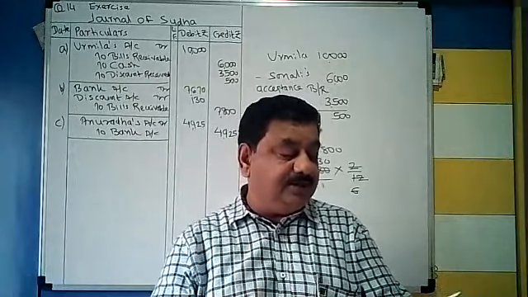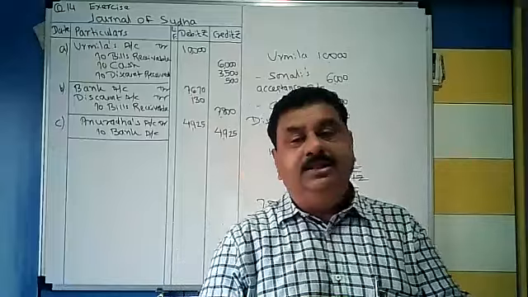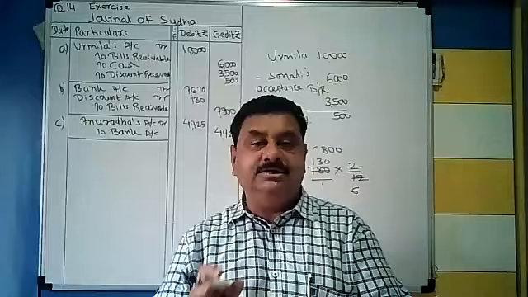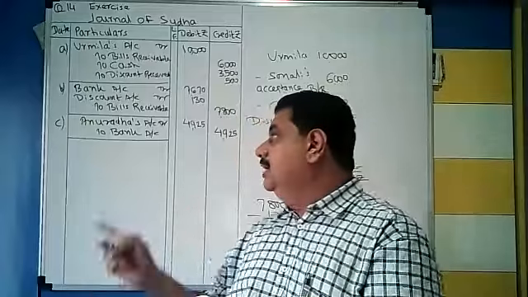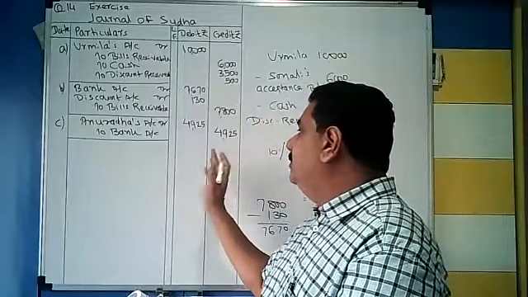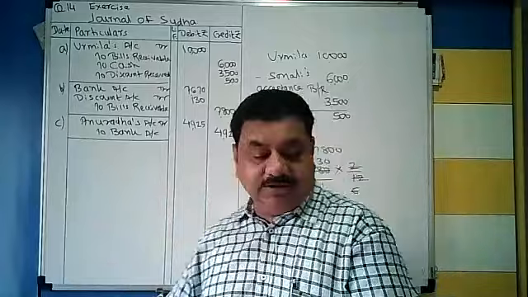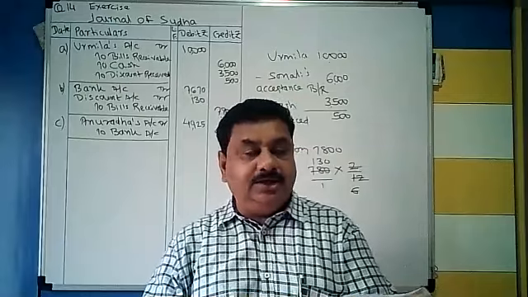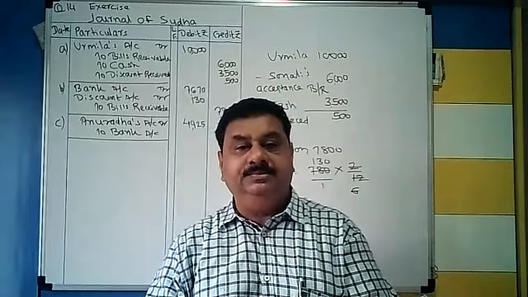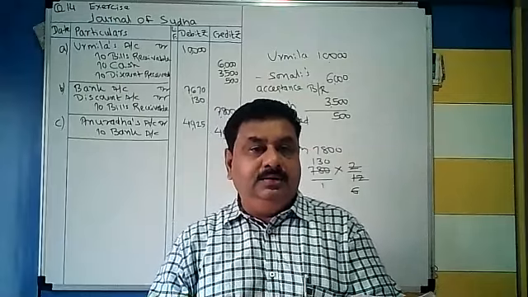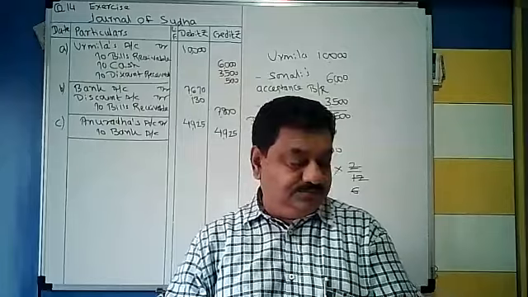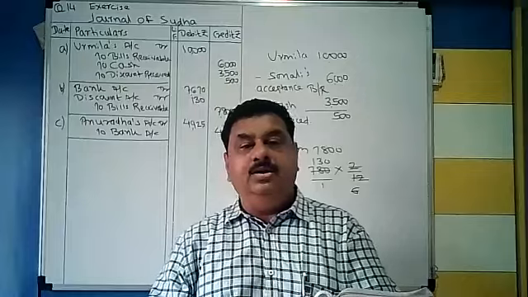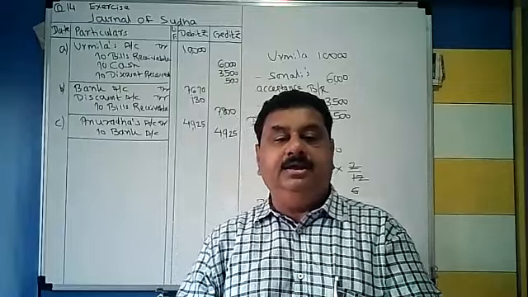Bank paid noting charges 125. This is discounted, dishonored, and the noting charges are paid by bank. So accordingly, entry: Anuradha to bank 4,925 including noting charges. Narration: Being Anuradha's acceptance dishonored and noting charges paid by bank.